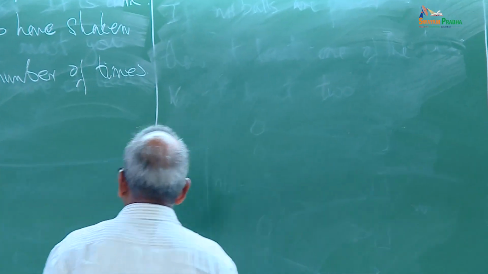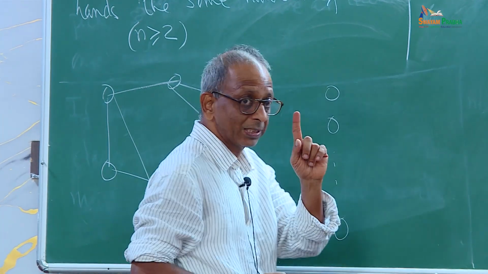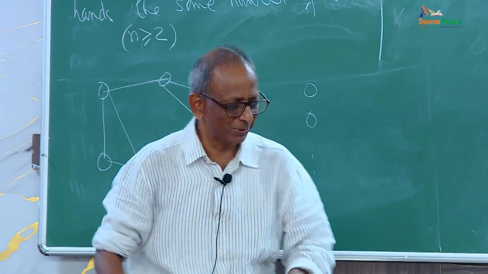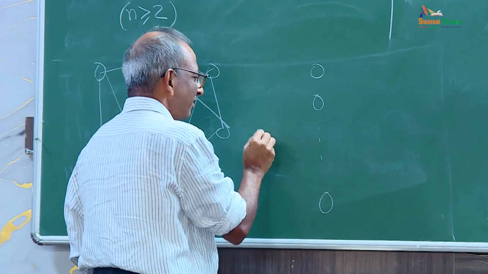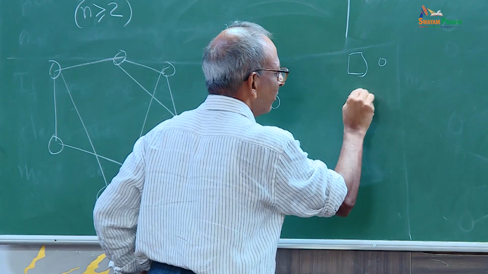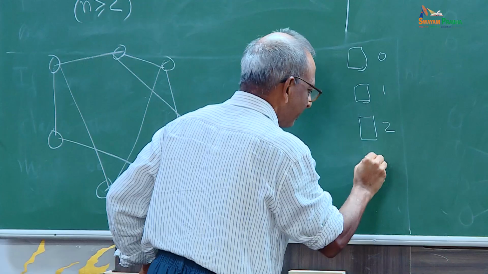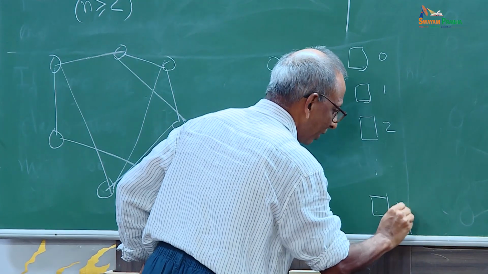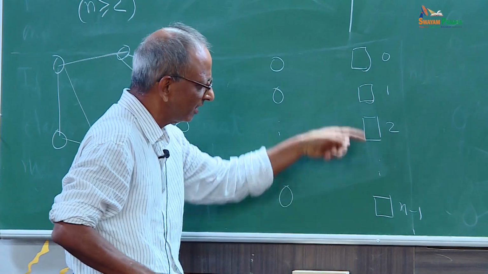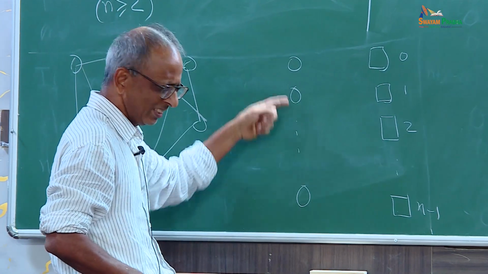So let me draw the picture for you. These are the n persons, not n plus 1, n persons. Then there are people who have shaken hands 0 times, only once, twice, up till n minus 1. How many numbers are here? N. And here, n.